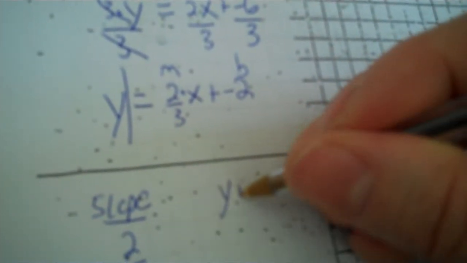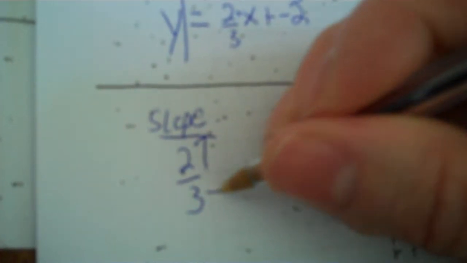The y-intercept is -2. So here's 0, -1, -2. And from there you go up 2, forward 3. And now those coordinates are the equation.